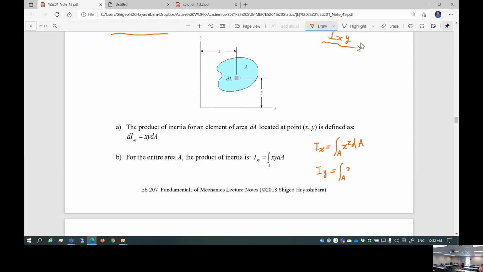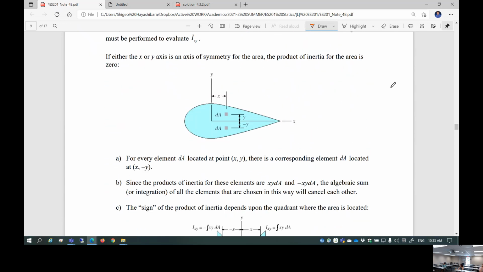Sorry about that, I first said x. Iy is the integral of x squared dA. So those are the moments of inertia about the x-axis and y-axis. This is the product of inertia about coordinates x and y.